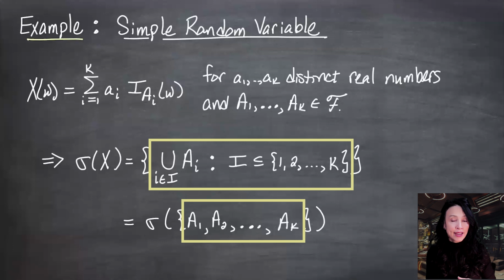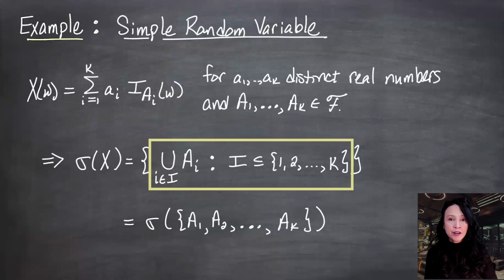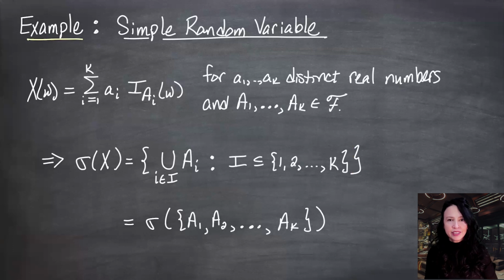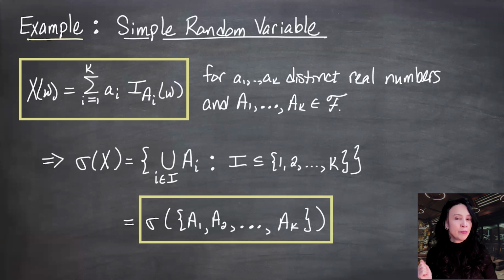For example, capital A3 consists of the union over here where the index set is just the singleton set 3. So the generating sets are equivalent, so the sigma fields are equivalent. And so from now on, when we look at a simple random variable, we'll say, as we proved today, it has this form with these little a_i's and capital A_i's, and the sigma field generated by that simple random variable is equivalent to the sigma field generated by the capital A_i's.